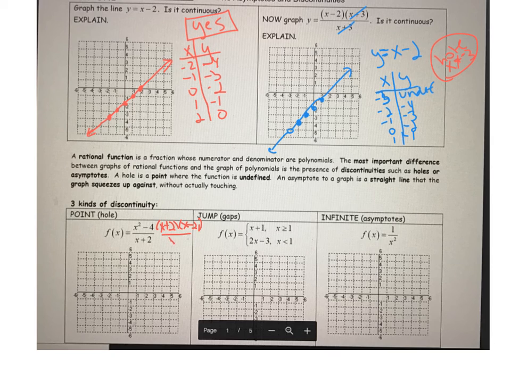And our denominator is x plus 2. What do we notice? On top and bottom, I have a common factor of x plus 2 divided by x plus 2. That's going to cancel, and so I'm going to be simply left with x minus 2.